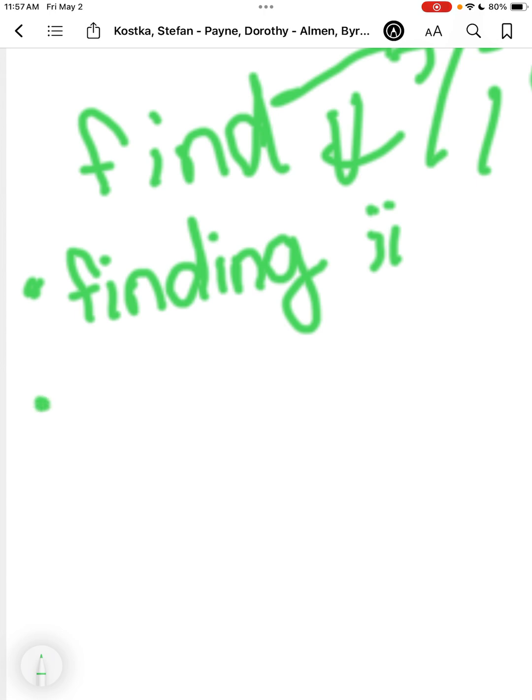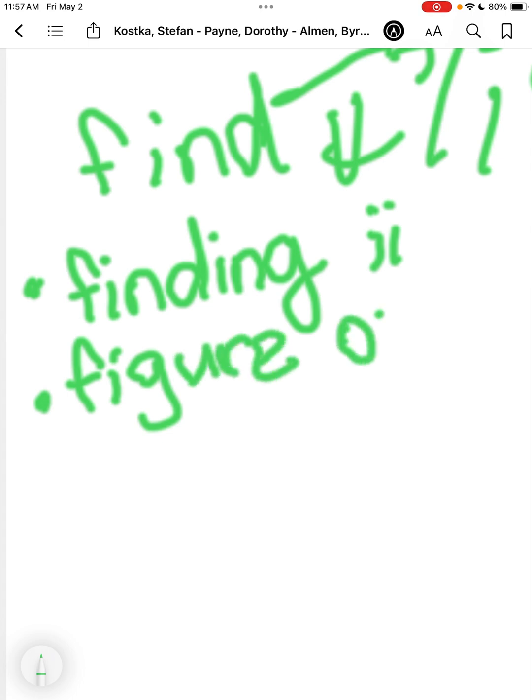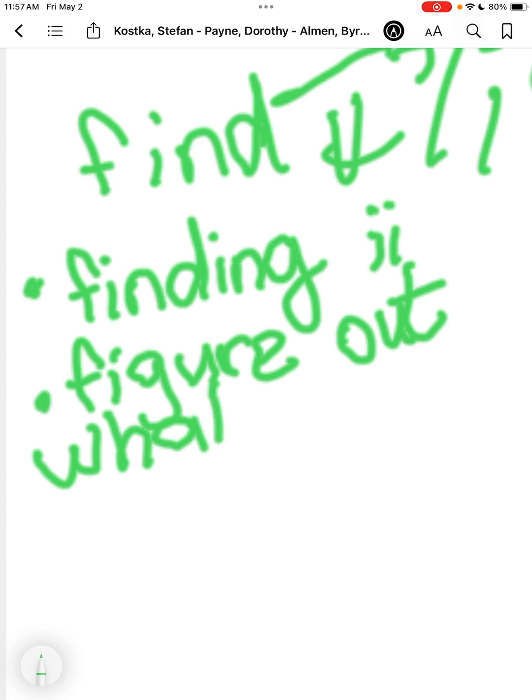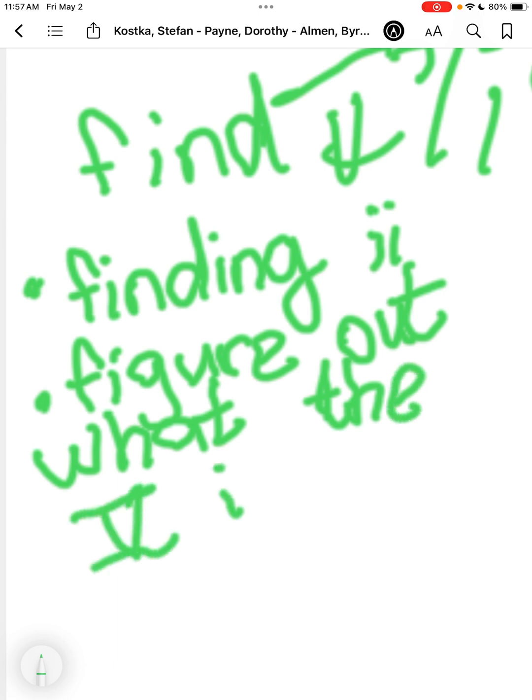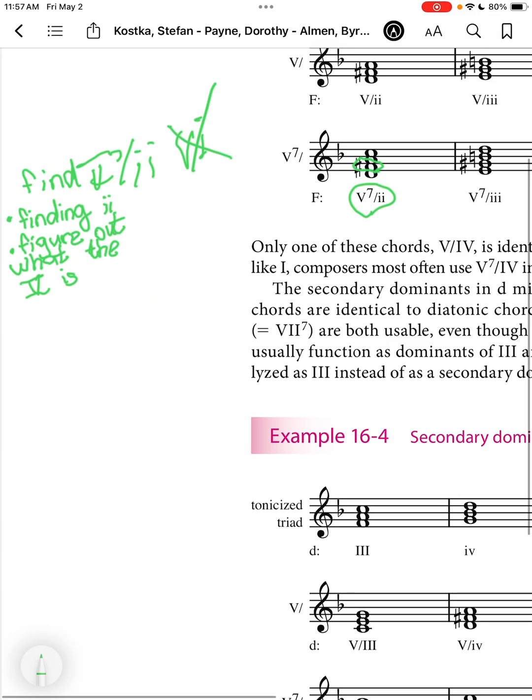Then from there you have to figure out what the 5 is. So that's how you do this one.